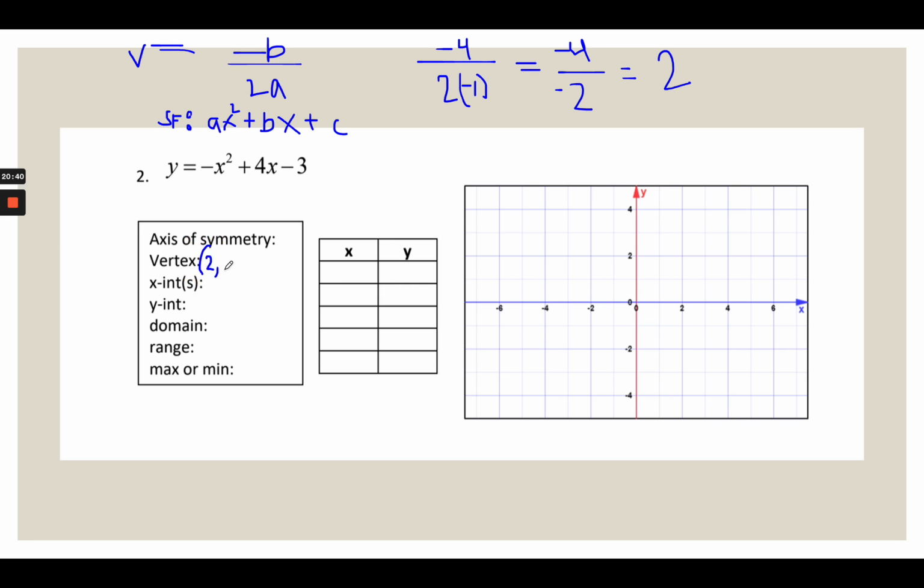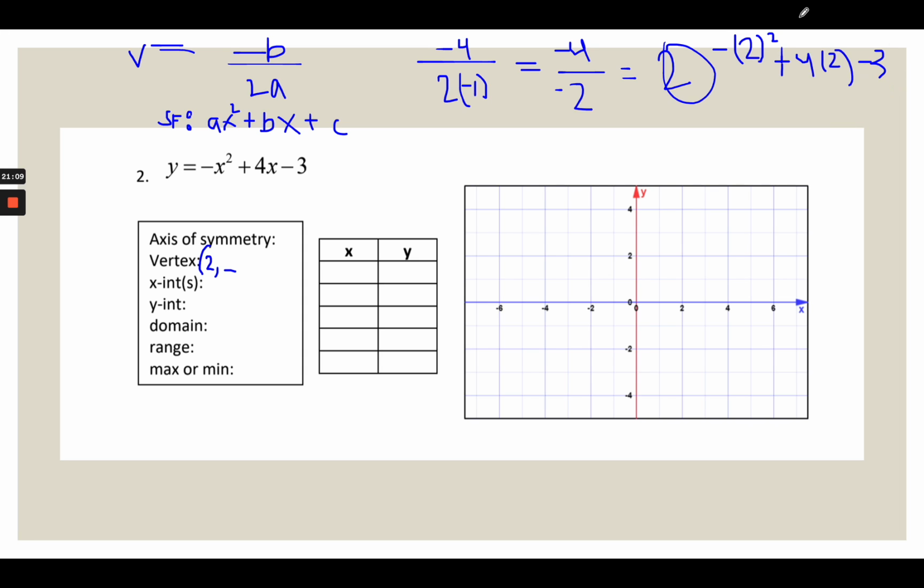Now to find our y value in our point, we're going to take this 2 and plug it into this equation, okay? So when you do that, you have to plug it in for x. We have negative, and then in parentheses 2 squared, plus 4 times 2, minus 3.